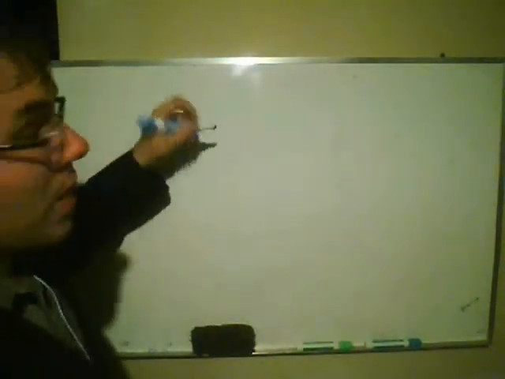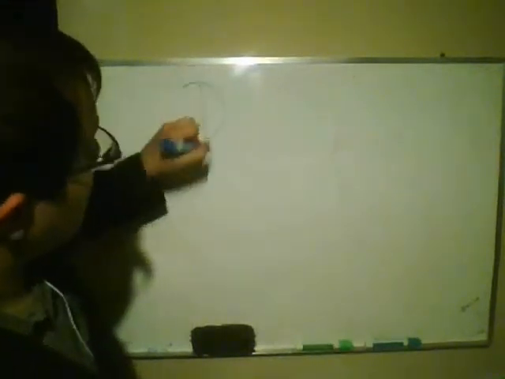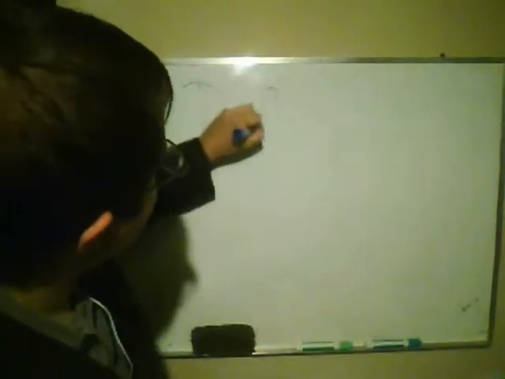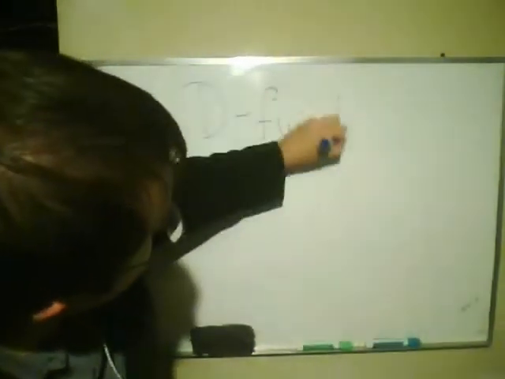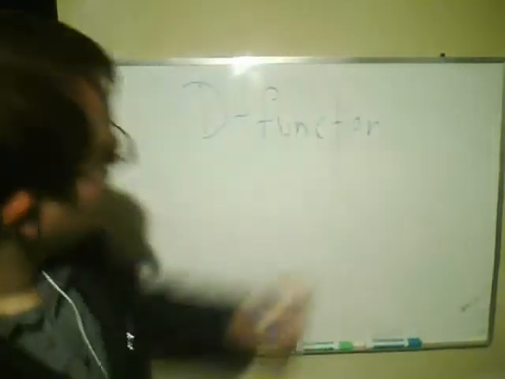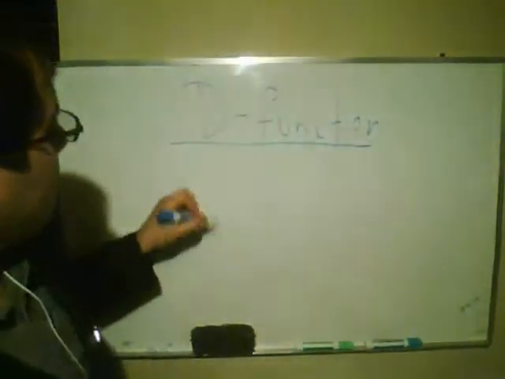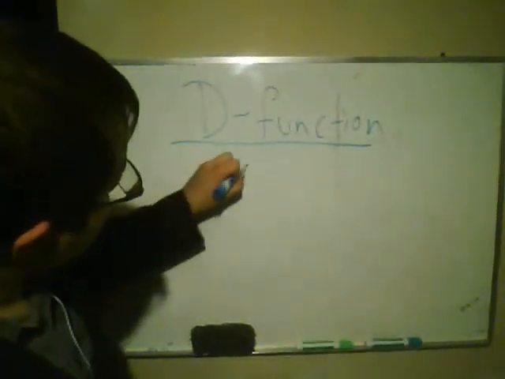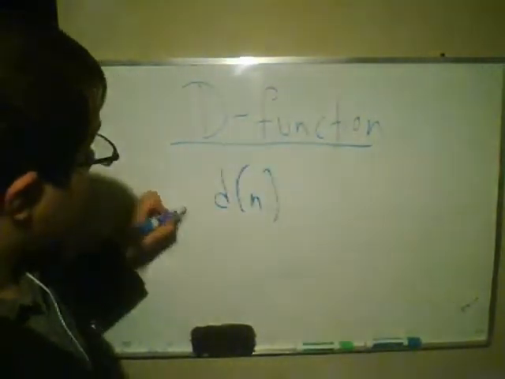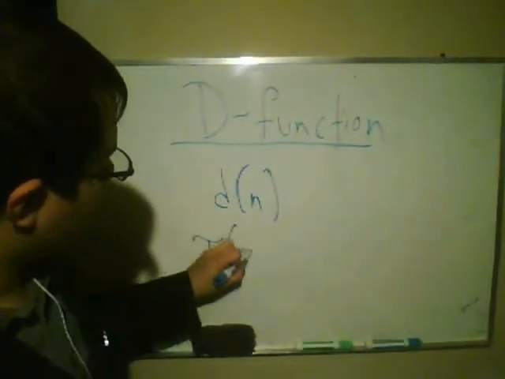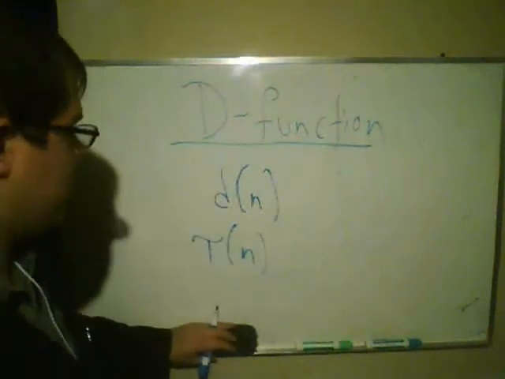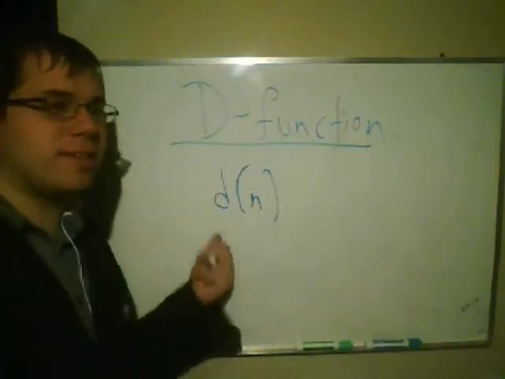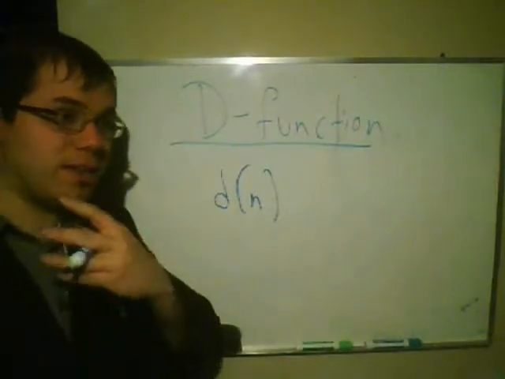So now we're going to define what the d function is. It'll pick all these concepts back together. Okay, the d function. The d function, by definition, for some n, other books like to use tau of n or d of n. One of these two is usually a good convention. If you ever see tau of n, it's the same thing as d of n, unless it's defined otherwise.